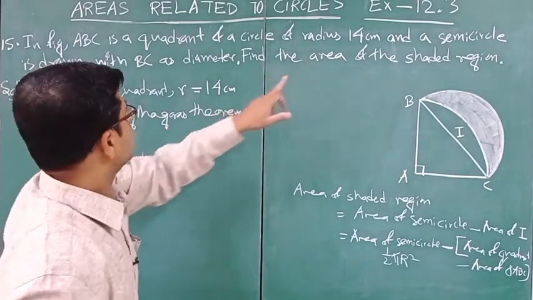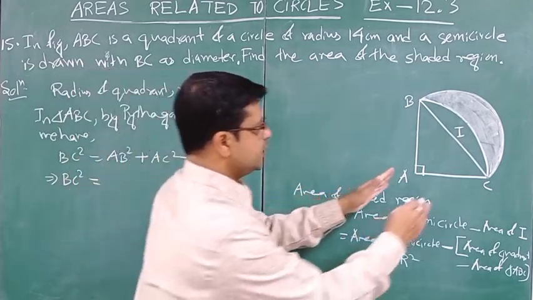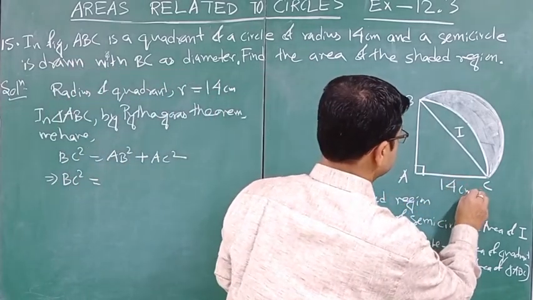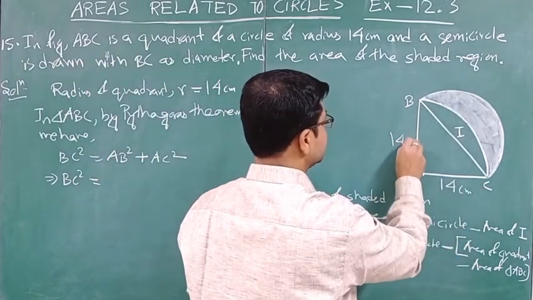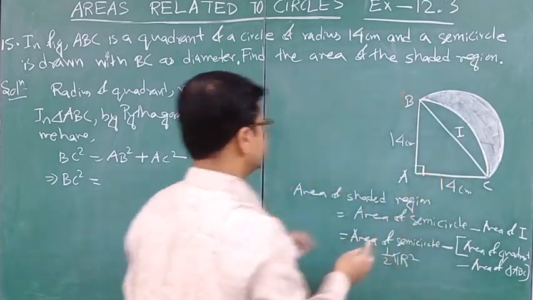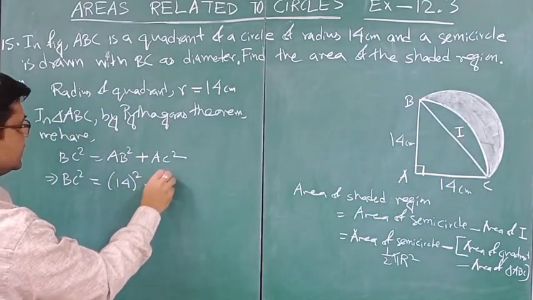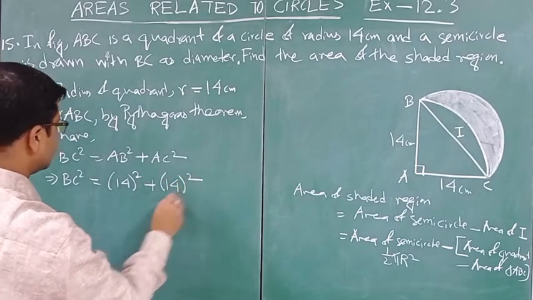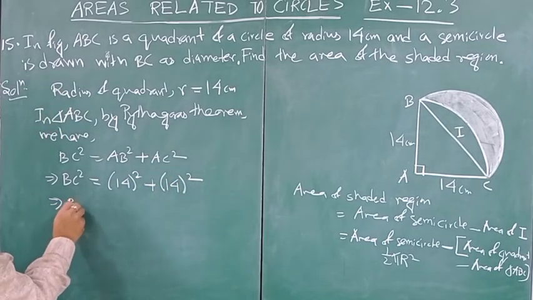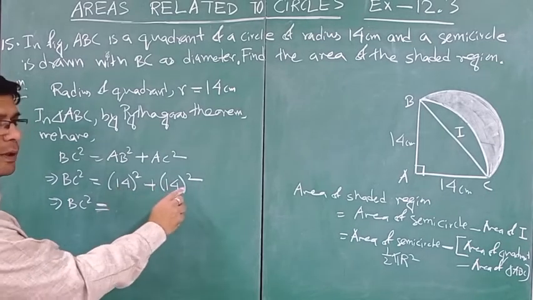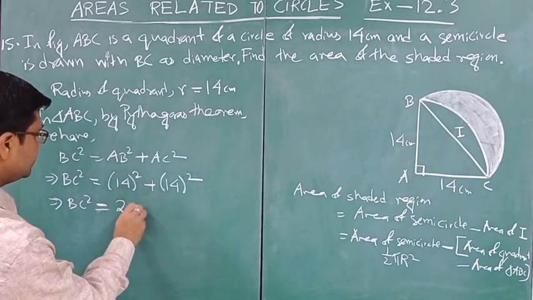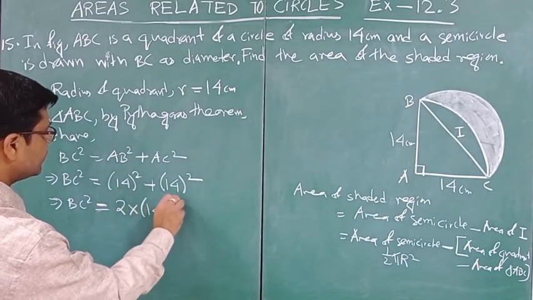Now here radius is 14, this is 14 centimeter. So this is also 14 as it is the radius, they are equal radius. This is 14 square, this is 14 square, BC square. So this is 14 square plus 14 square, that is 2 into 14 square. There are two 14 square.